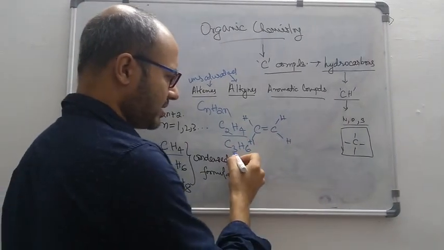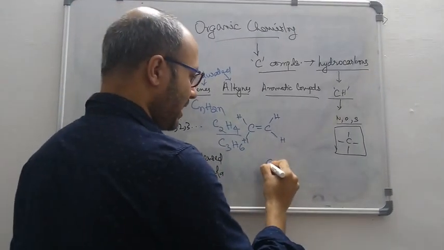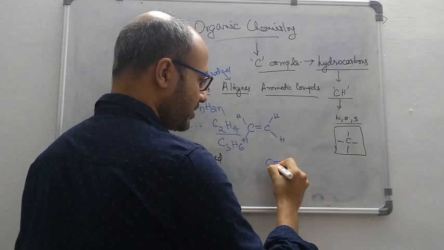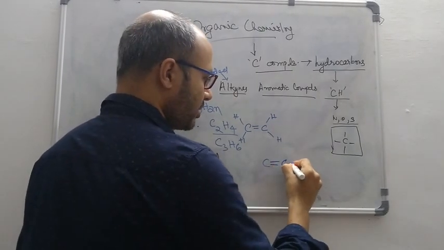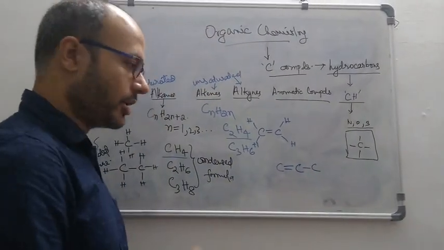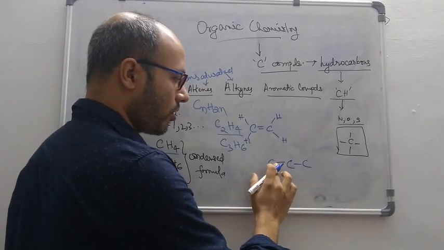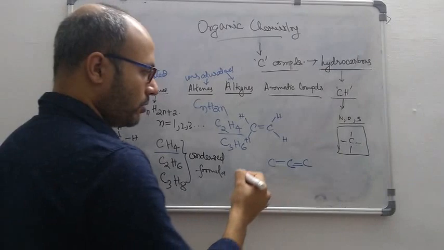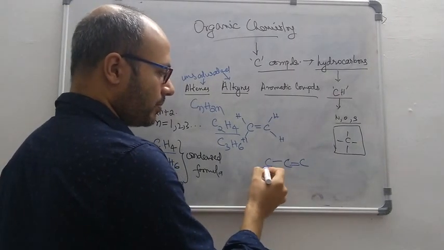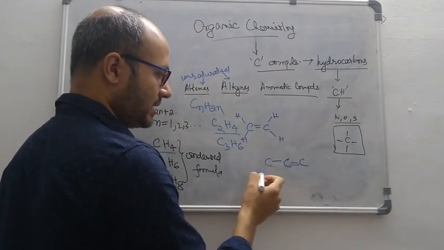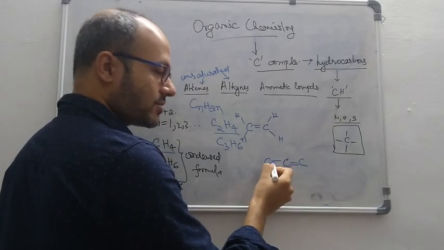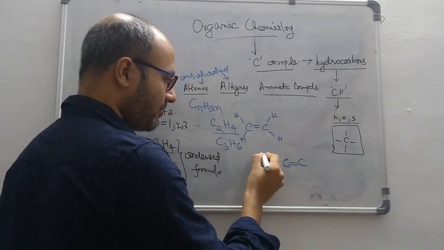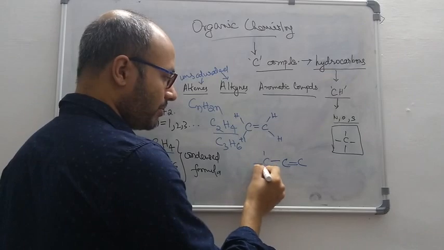So how do you write the next one? You have one double bond, and three carbon atoms are there. You will attach them something like this. You can draw the double bond here, or you can draw it here, wherever you want, but only one double bond. Now if I write the expanded structure, this carbon atom has only one bond, so how many bonds remain?